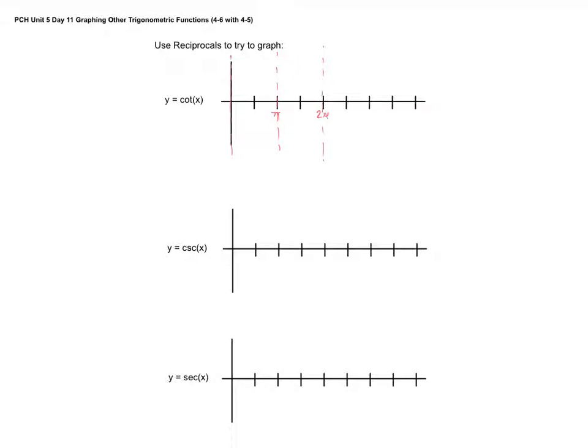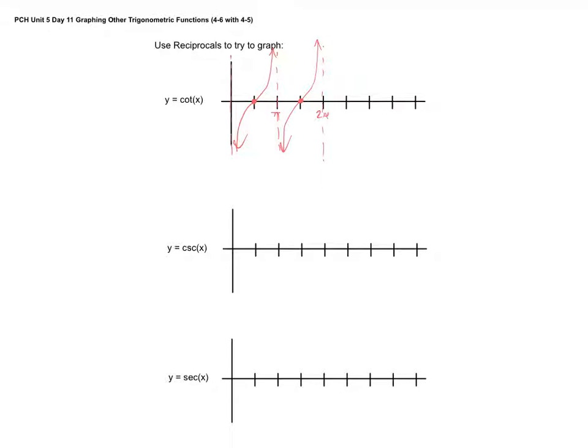Before we had asymptotes everywhere cosine equaled 0 when we were doing tangent, okay? But then at pi/2, where there was an asymptote for tangent, we're actually going to have it hitting the x-axis at 0, and also at 3 pi/2. So you'll notice the look of this is the same, it's just been shifted over.